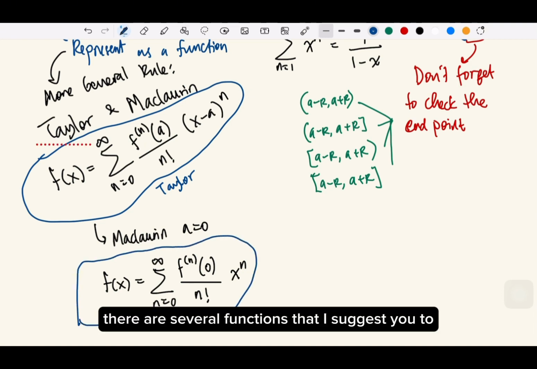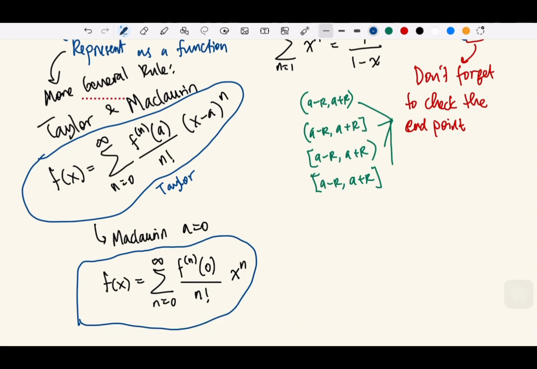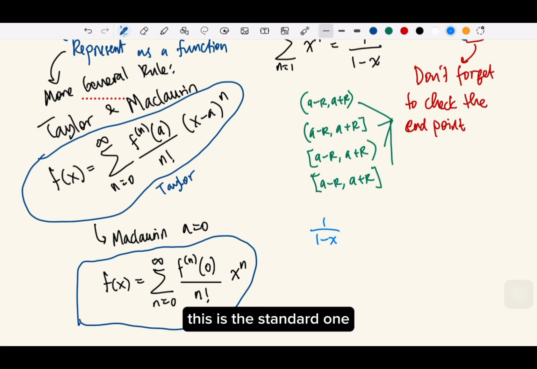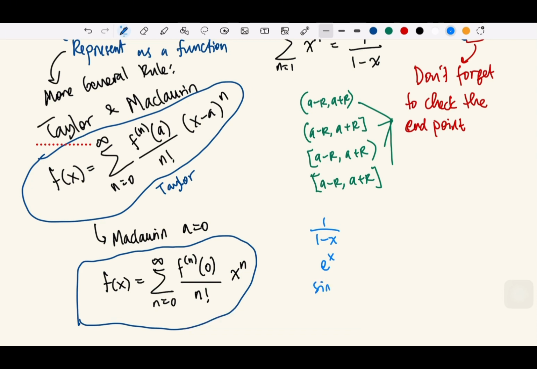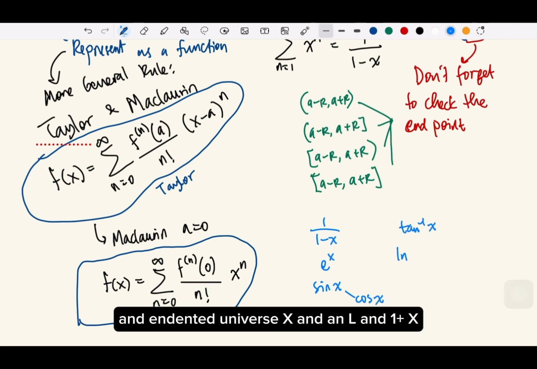There are several functions that I suggest you at least know how to get. Like 1 over 1 minus x, for sure this is the standard one, e to the x, and then sine x, and of course from sine you get cosine, and then tangent inverse x, and then ln 1 plus x.